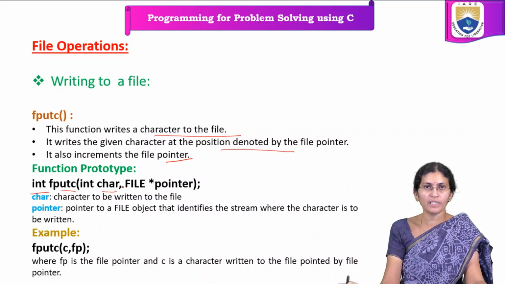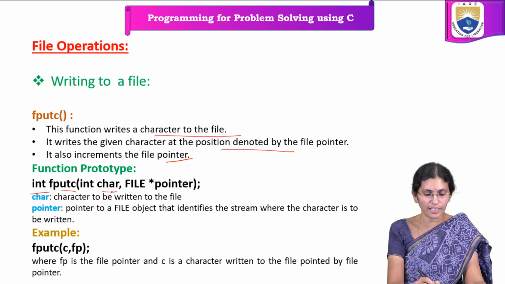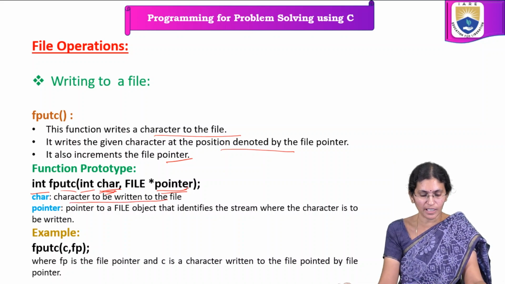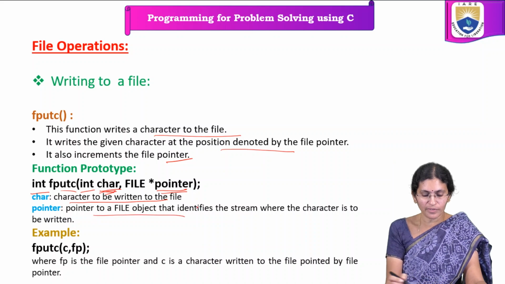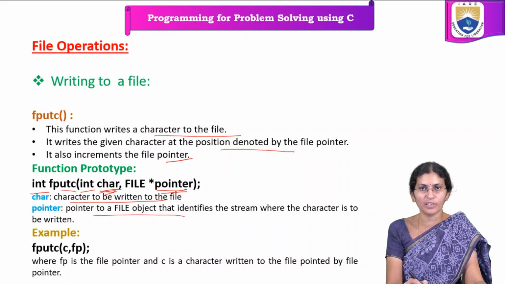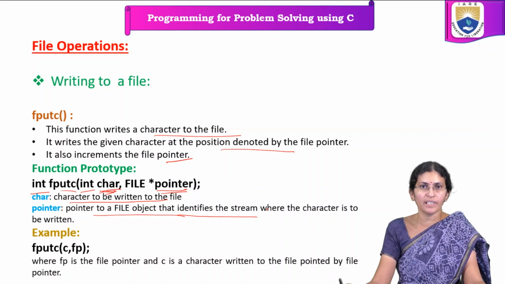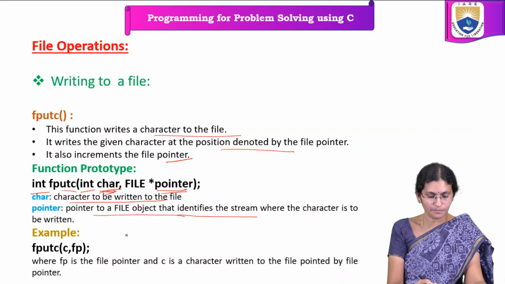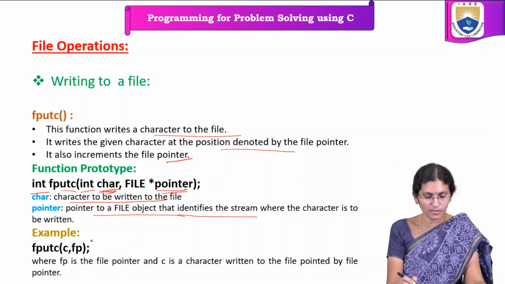It takes two arguments. The first one is the character, an integer type, and the name of the variable is char. The other one is a file pointer. Here, char is the character which is to be written to the file, and the other argument is a pointer to a file object which identifies the stream where the character is to be written.